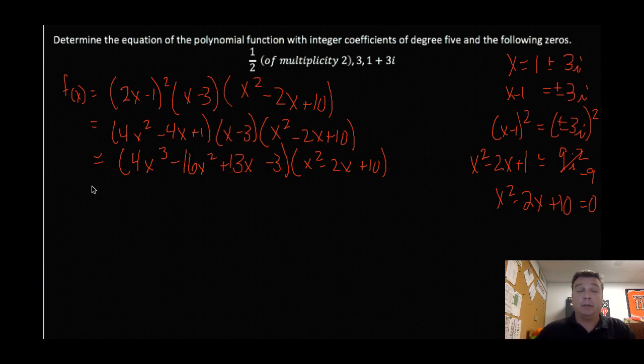if I go through now, I'm going to end up with f of x. I'm going to rewrite the f of x because this is going to be my final solution here.